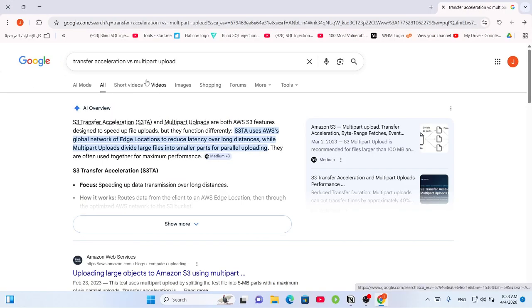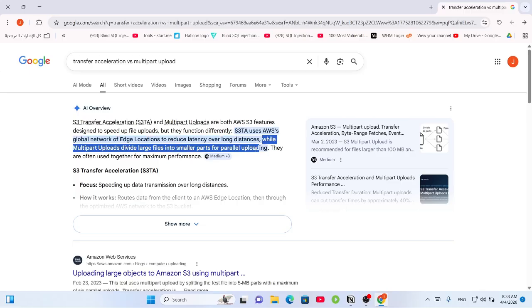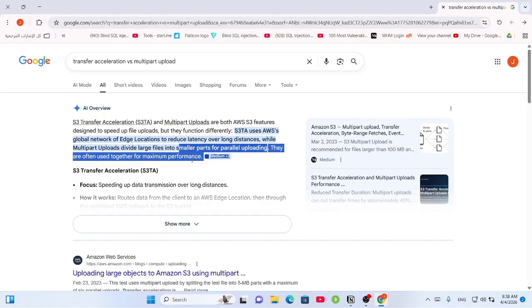S3 acceleration and multi-part upload are both AWS S3 features designed to speed up file uploads, but they function differently. S3 Transfer Acceleration uses the AWS global network of edge locations to reduce latency over long distance, while multi-part upload divides large files into smaller parts for parallel upload. They're often used together for maximum performance.